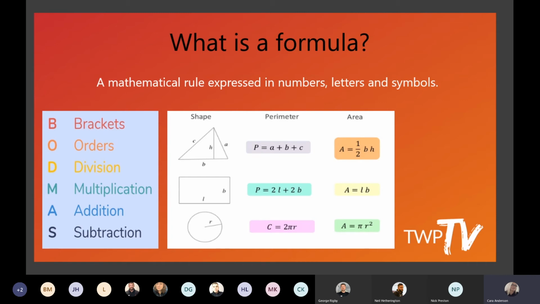It's making sure that, for example, if you look at the perimeter on the rectangle, it says 2L. Some of you might be thinking, what do I need to do with 2L? You always must put times in between. So if it's a 2 and the L like it is there, it's 2 times whatever L is.